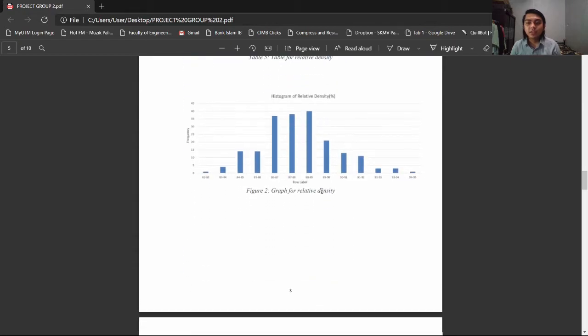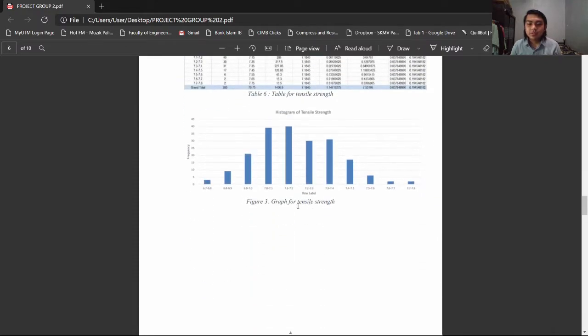Next, the graph in figure 2, which is the graph for relative density, shows the same result, increasing but a little bit higher at 86 until 87. The graph shows a decrease starting from 89 until 95. The lowest data frequency is 1, which is at the range 82 until 83 and 94 until 95.